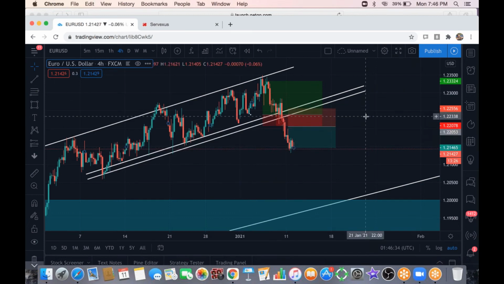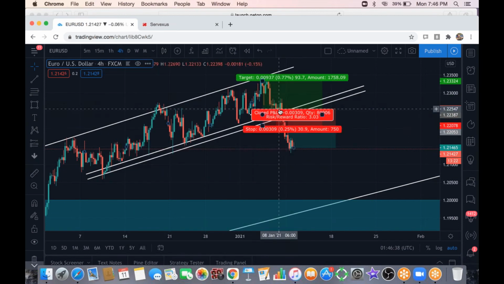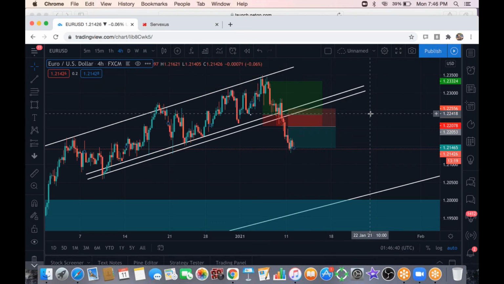Every time price consolidates, it's either going to stay in consolidation or it's going to break out of consolidation. Which way, we don't really know. Price is going to tell us. Right now, price is telling us that it is going down and breaking out to the downside.